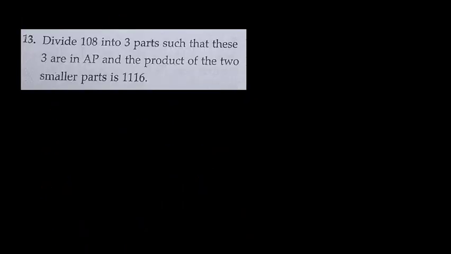Now here the question is: divide 108 into 3 parts such that these 3 are in AP and the product of the 2 smaller parts is 1116. So I have to divide 108 into 3 parts such that they are in AP and the product of the 2 smaller parts is 1116.